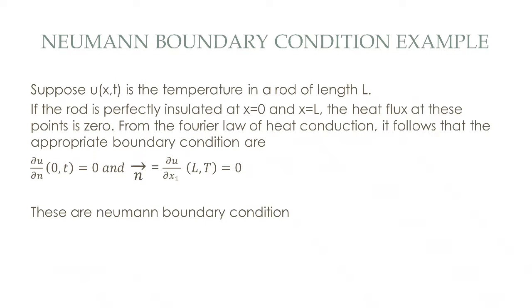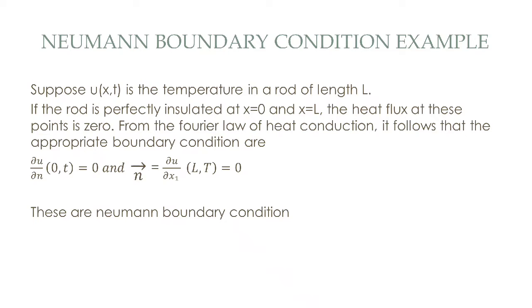Neumann boundary condition example. Suppose u of x, t is the temperature in a rod of length capital L. If the rod is perfectly insulated at x equals 0 and x equals L, the heat flux at these points is 0 from the Fourier law of heat conduction.